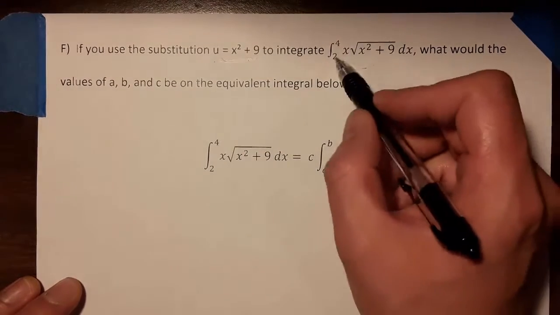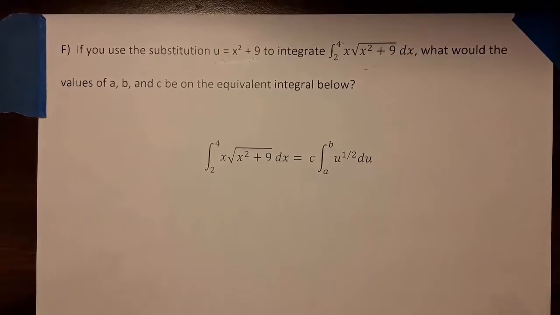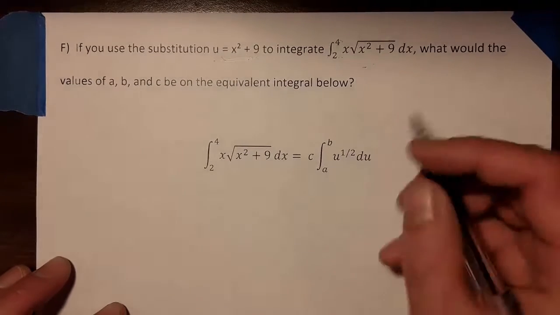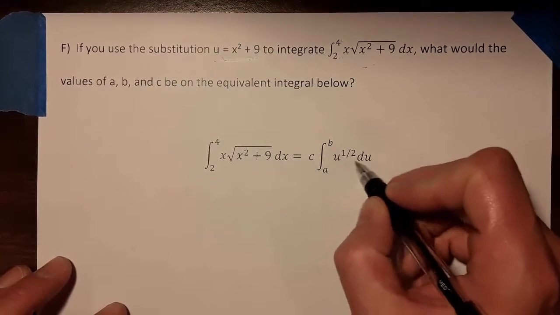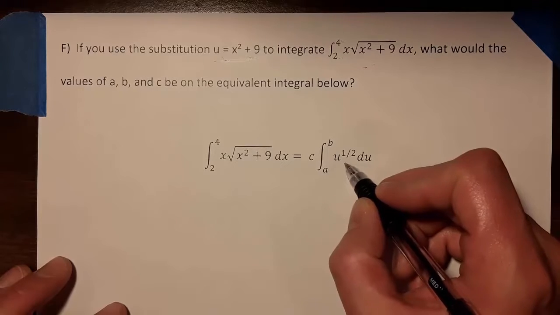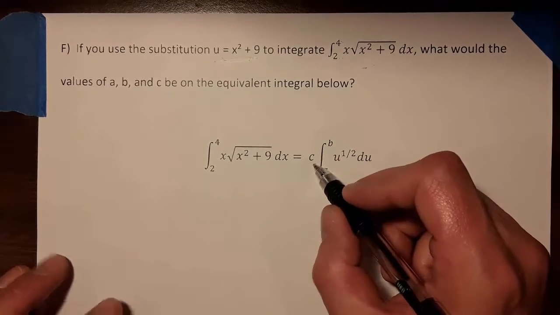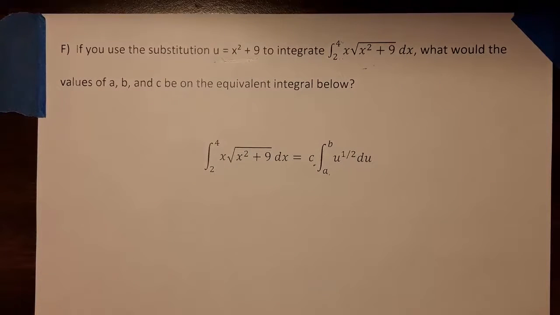Then what would your new limits of integration be if you were going to do what we did in that second example where we converted the x limits into u values? So they're kind of forcing us to do that here because they're giving us the problem in terms of u, and then they want the limits of integration as well as anything that you'd have to stick outside. So we're just going to do the problem like normal and let the pieces fall where they may fall.